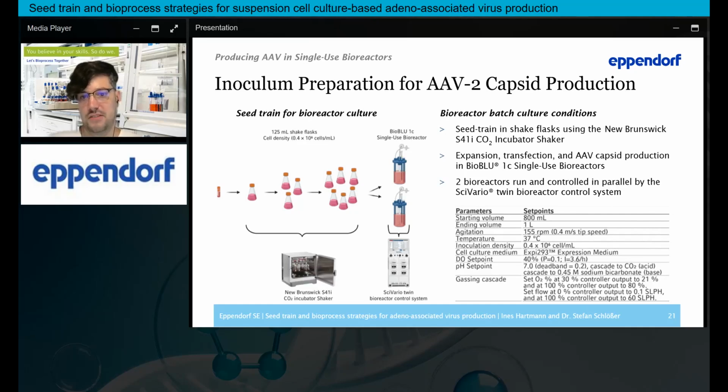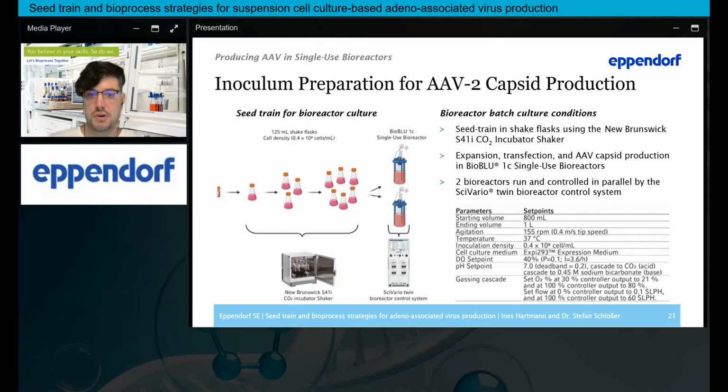The inoculation density in the bioreactor in the end was 0.4 times 10 to the 6 cells per milliliter. And the DO set point, so the DO was kept constant at 40%. Also, a gassing cascade was implemented to ensure this. And the pH was also maintained at 7.0 during the process.